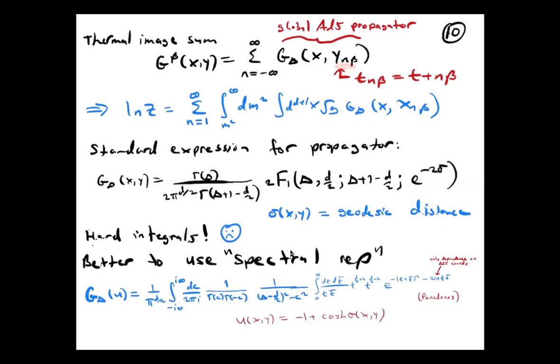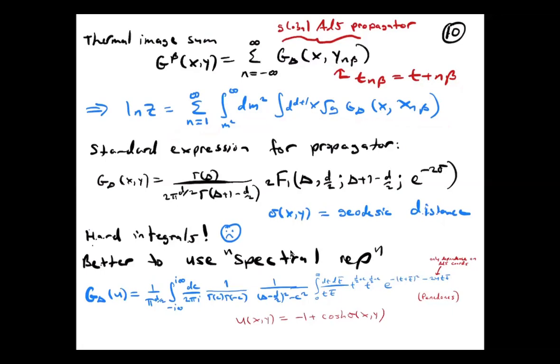So y and beta just means the time argument there is shifted relative to x by n thermal translations. So this satisfies the wave equation and is periodic, so it does what it's supposed to do. I just plug that into the partition function, and now we get the sum over n's of integrals of the propagator.